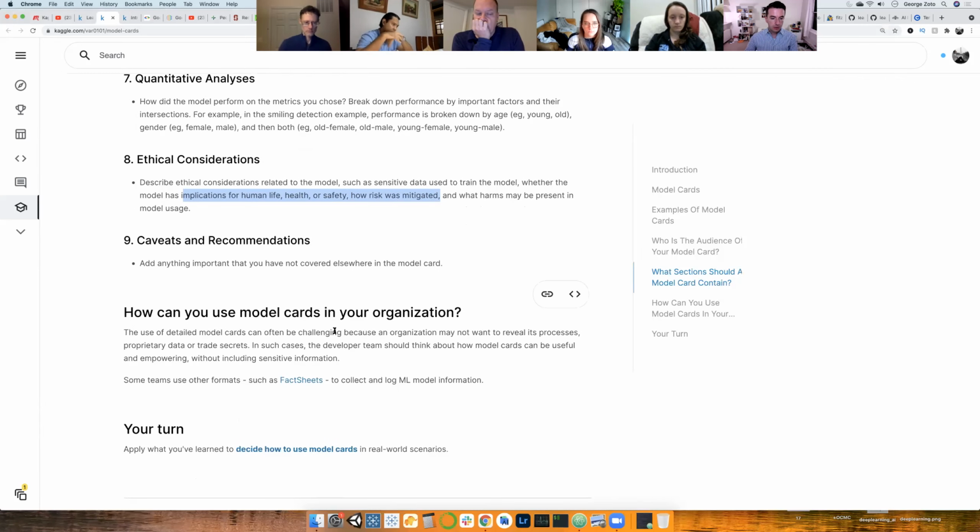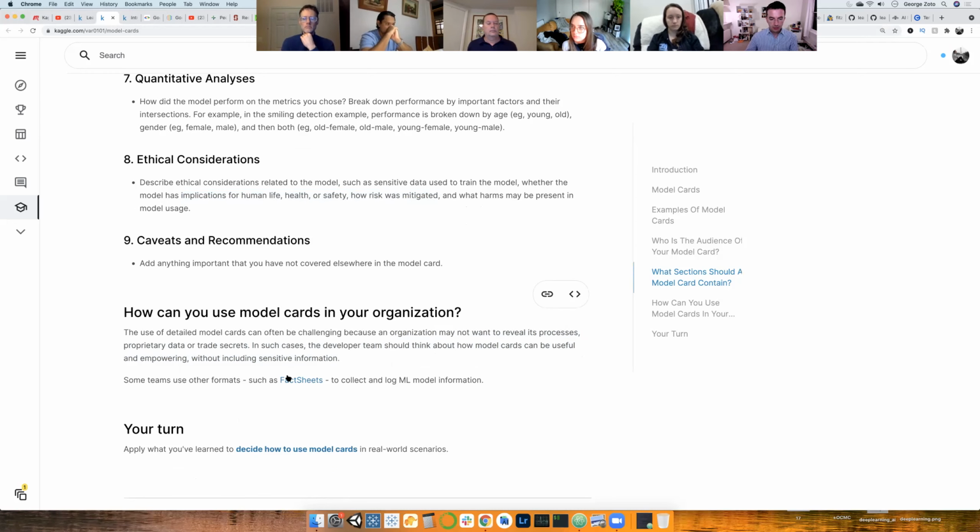How can you use this? Similar to what you mentioned, Alexandra, it's a way of documenting your model. Another challenge here is that maybe your organization doesn't want to reveal too much. So maybe the description or that card is not as informative, because of proprietary data or trade secrets.